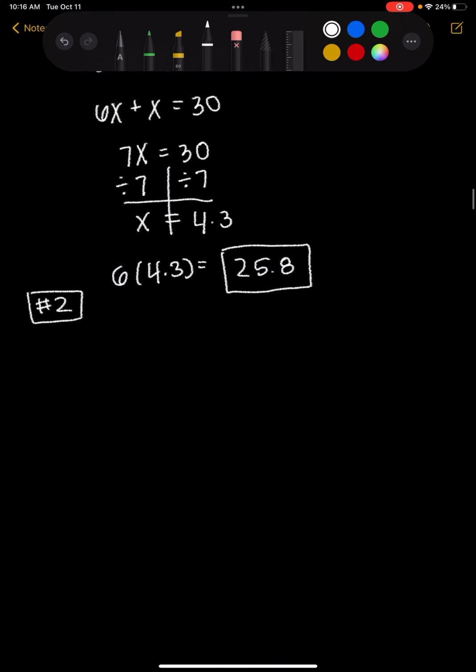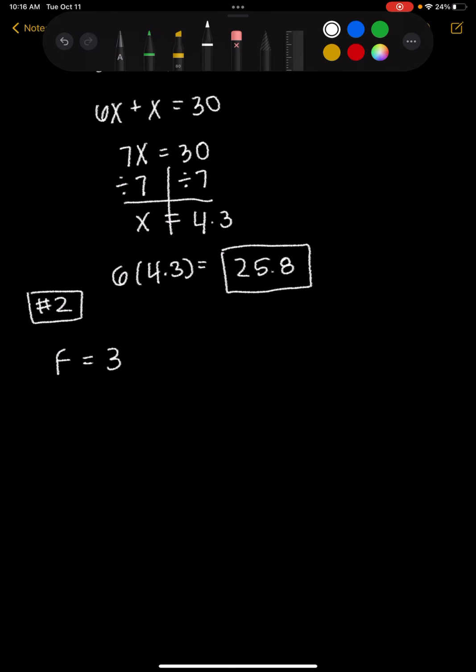The next example says a father is now 3 times as old as his son. 8 years ago, the father was 5 times as old as the son. How old is the father now? So right now, we know father, I'm going to make that F, is equal to 3 times his son.